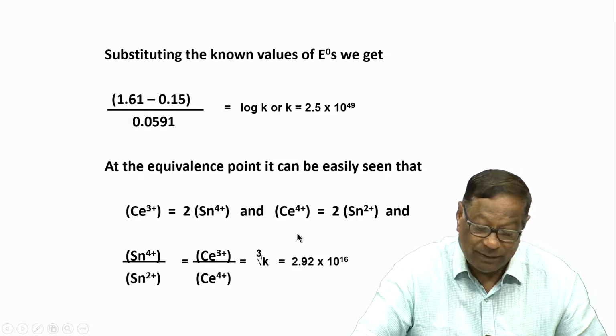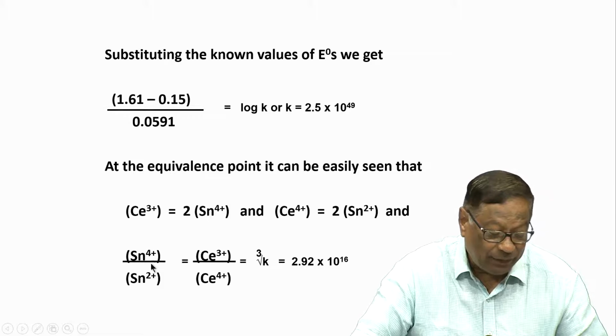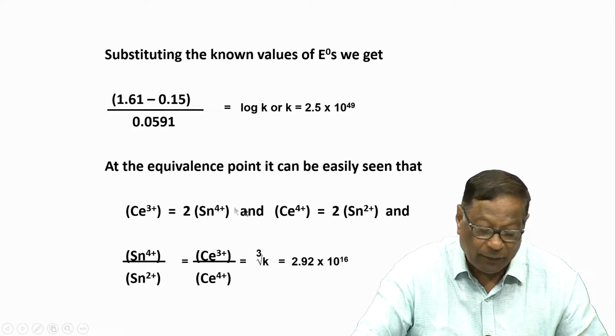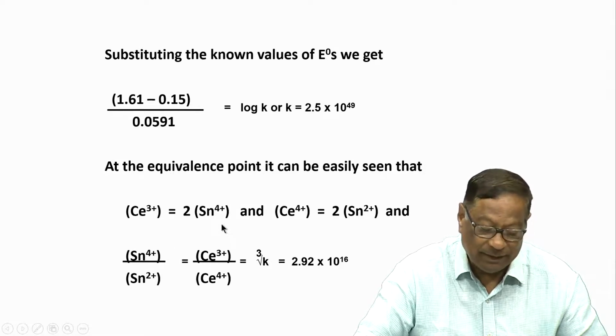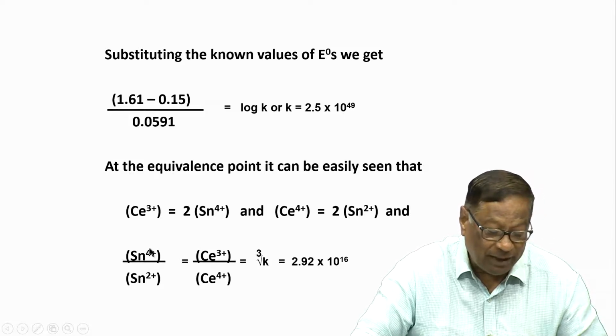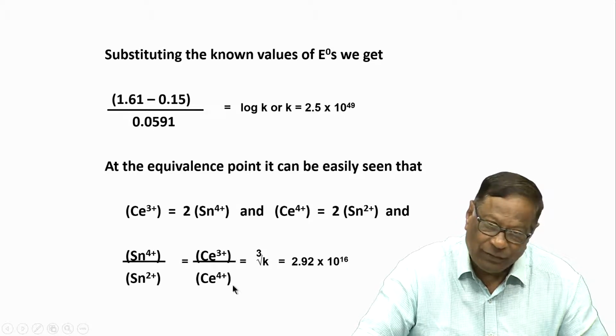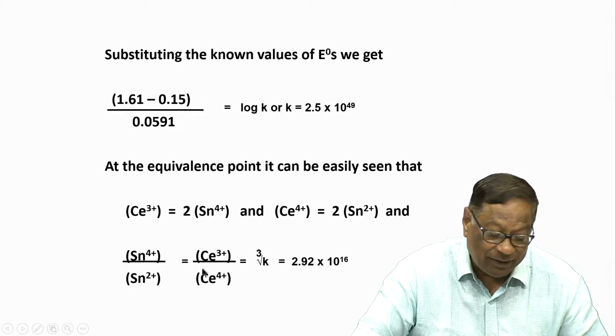This is oxidant, this is reductant, reduced species. So, this would be like this, and stannic to stannous would be, the total number of ions would be 2 of ceric and 1 of stannic. So, 3 molecules are there. So, the ratio of stannic to stannous should be equal to cerous to ceric. This is oxidation, this is reduction.